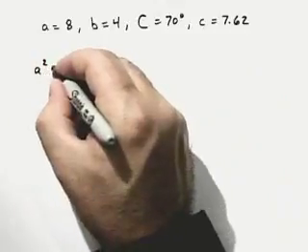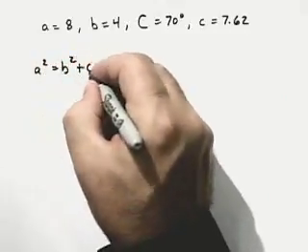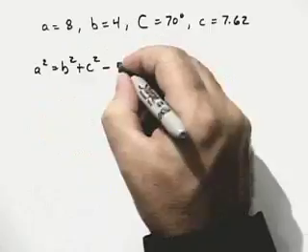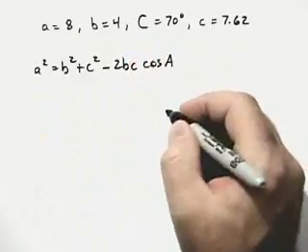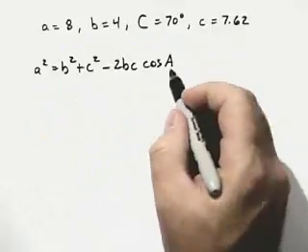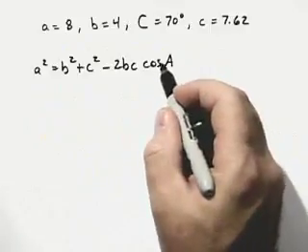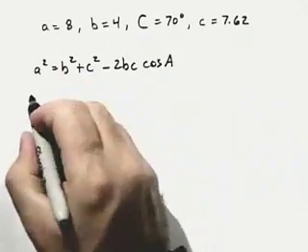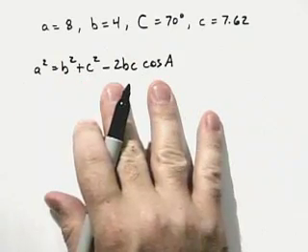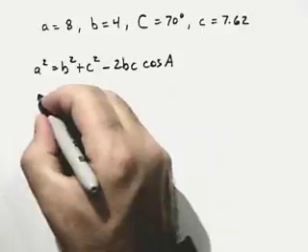We can write A squared equals B squared plus C squared minus 2BC times the cosine of angle A. And we'd like to isolate this cosine of angle A, so we're going to rearrange our terms to get the 2BC cosine A by itself.